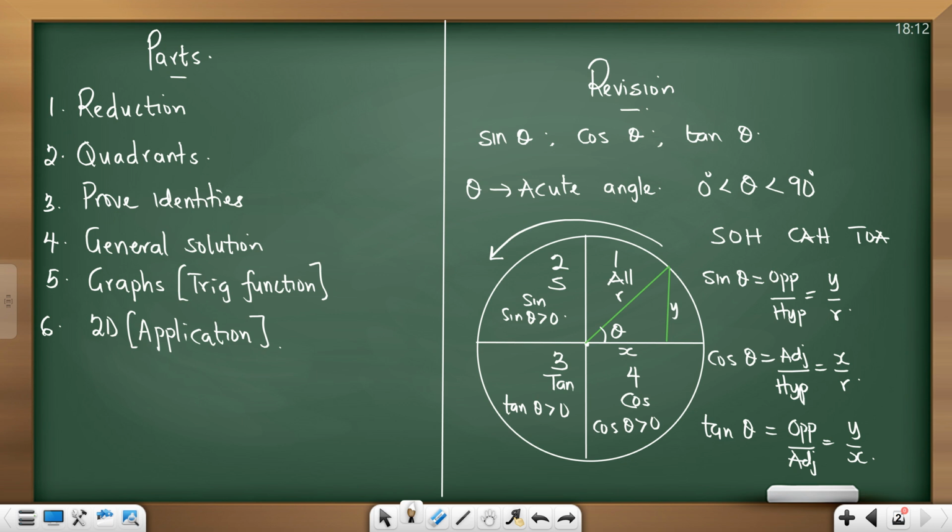Trig is 40 marks. So if I say anything at any point and you are not sure, please don't be quiet. Quickly tell me, say I'm lost there. Because once you get it right in grade 11, grade 12 is done. So I'm going to reduction now quickly.